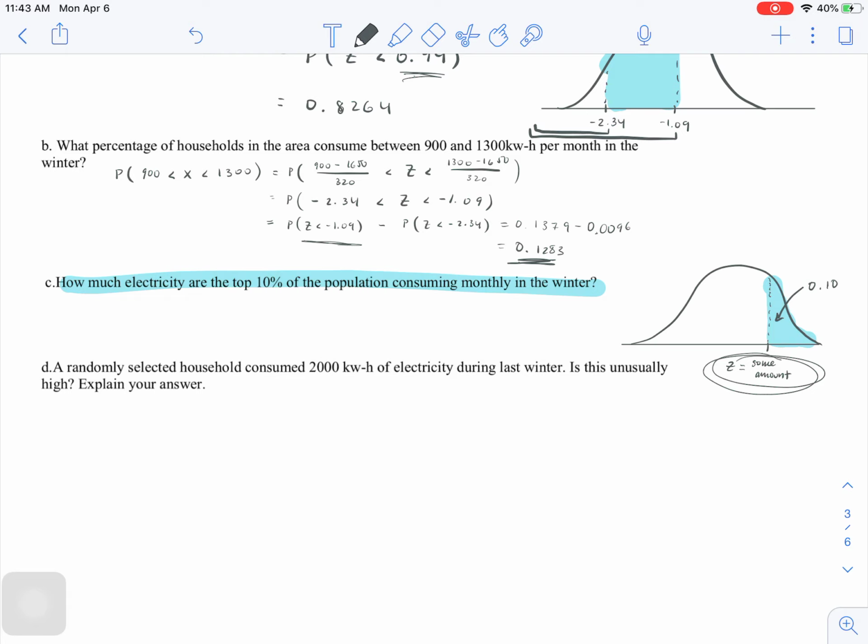What's the threshold? What amount of energy do you have to consume above to be in the top 10% of consumers? We know that the area to the right is 0.1. So that means that the area to the left must be 0.9.